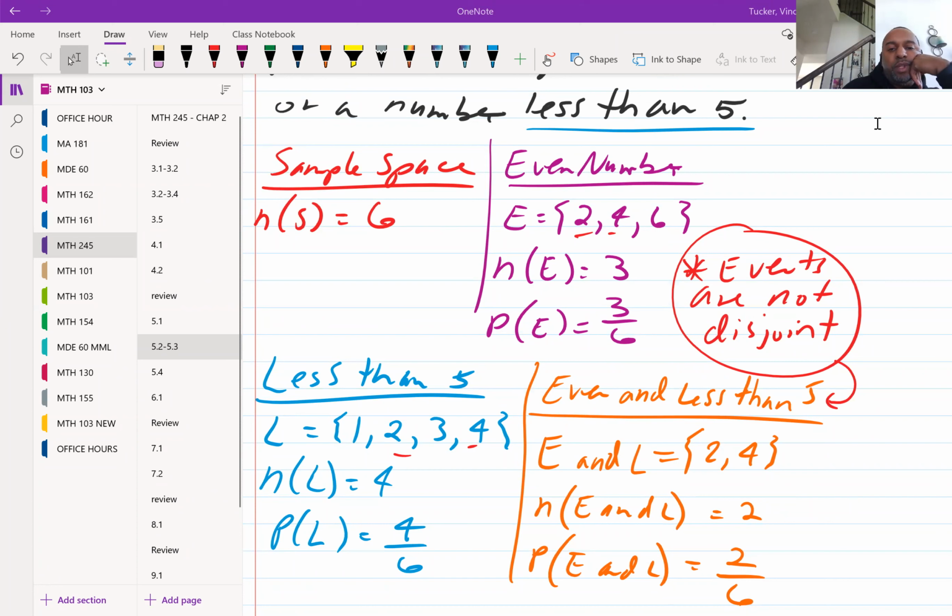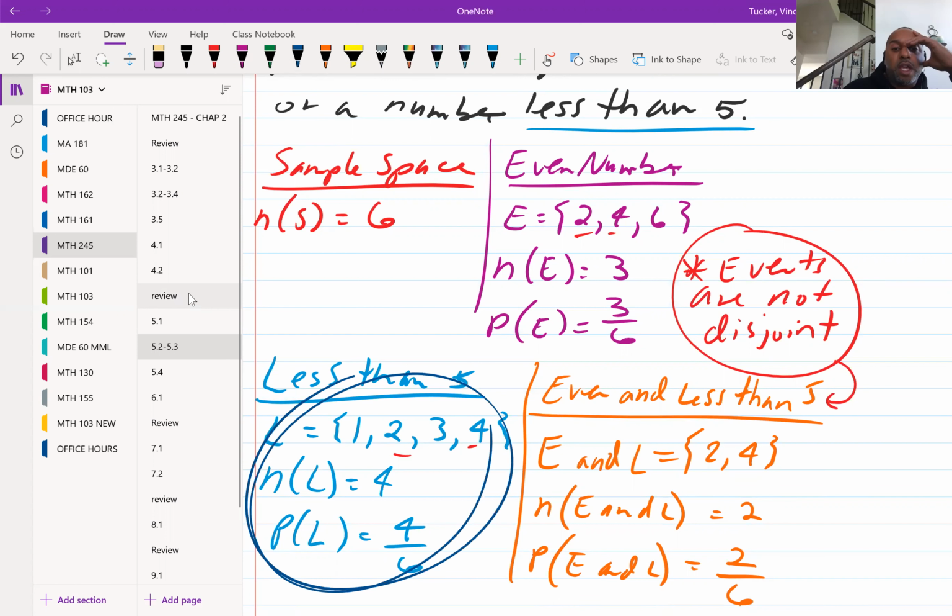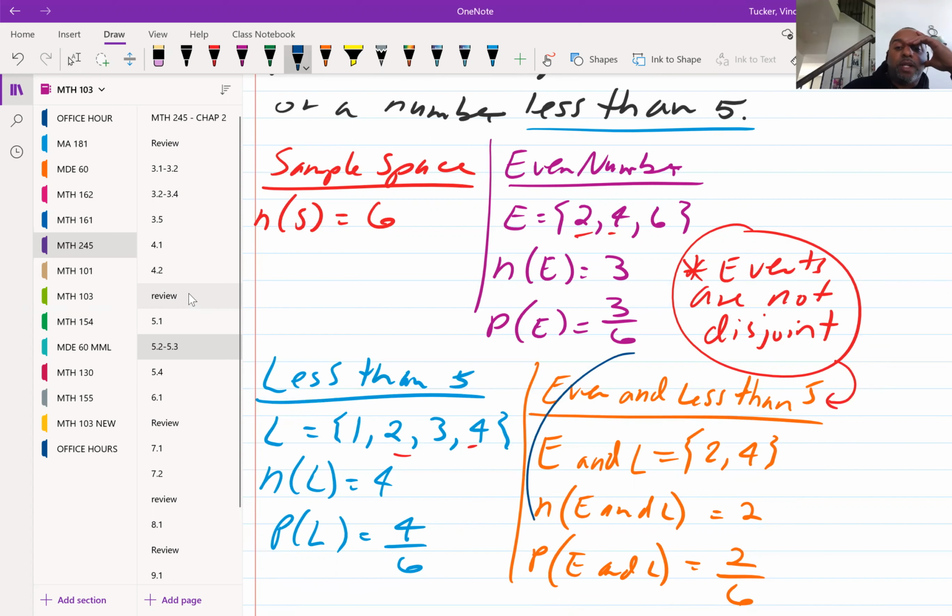In the sample space of 1 through 6, the values that are less than 5 are 1, 2, 3, 4. So that would be 4 numbers that fit that description, and so we place the 4/6. Before we look at this orange, is everybody okay with the purple and the blue? Those are the events that they gave us: rolling an even number or a number less than 5.